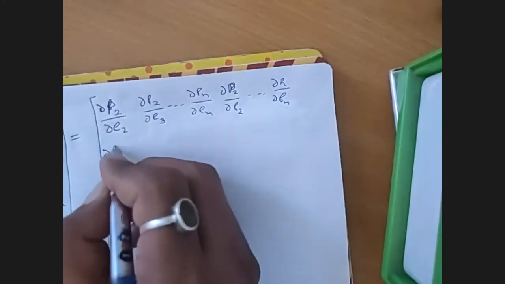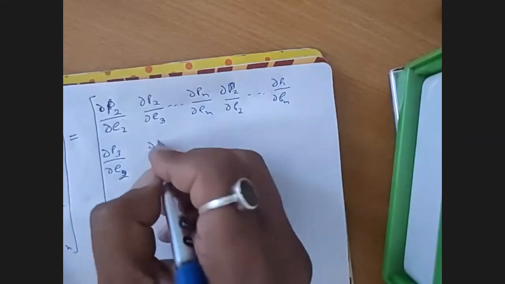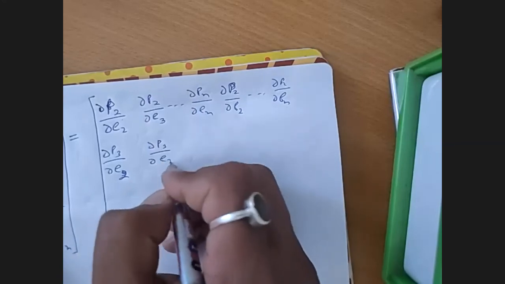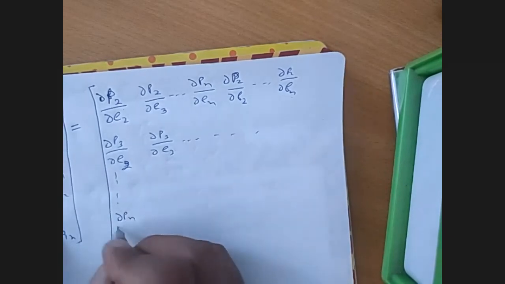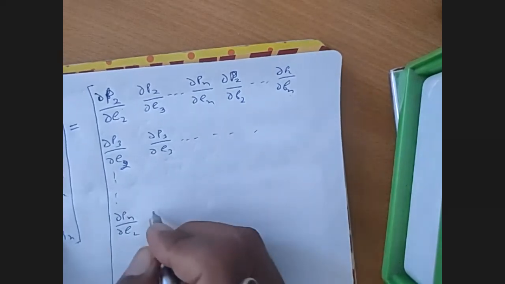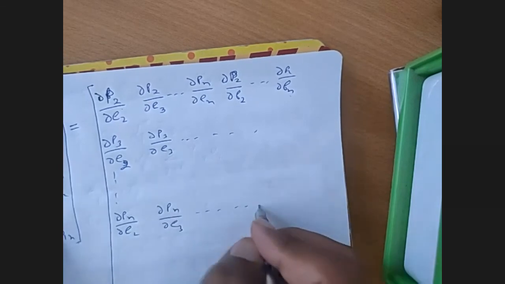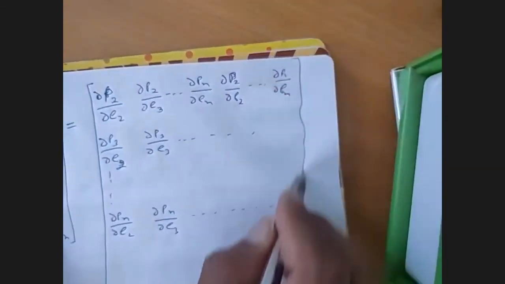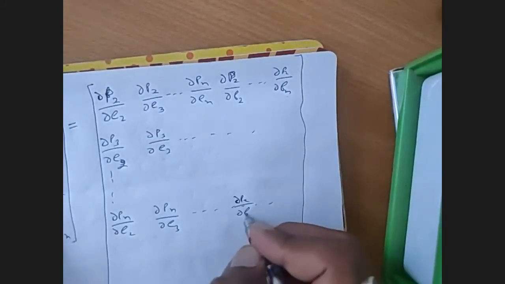Then delta P3 upon delta E2, delta P3 upon delta E3, and so on, till delta Pn upon delta E2, delta Pn upon delta E3, and so on.